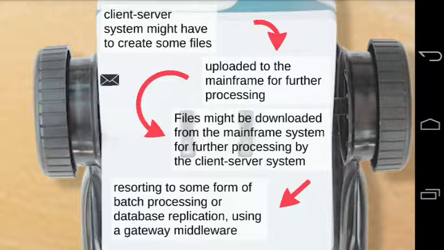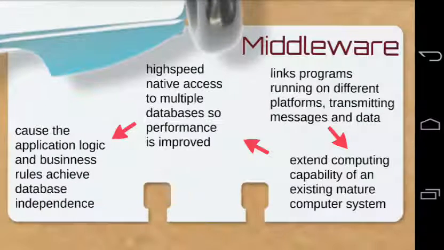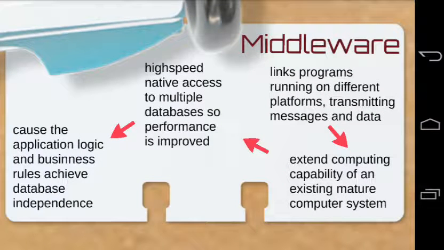Performance issues might constrain the designers to resorting to some form of batch processing or database replication using a gateway middleware. Now, a middleware is a kind of software that links programs running on different platforms and transmits messages and data.